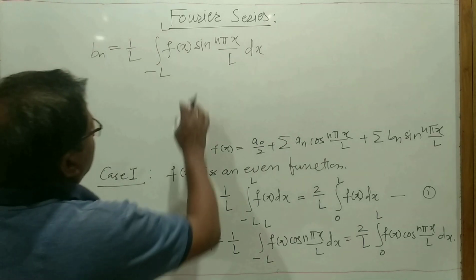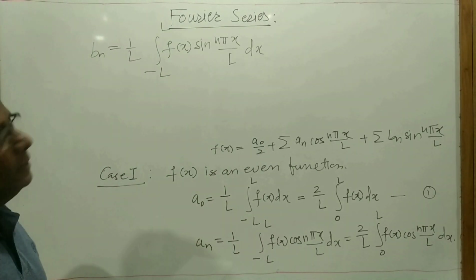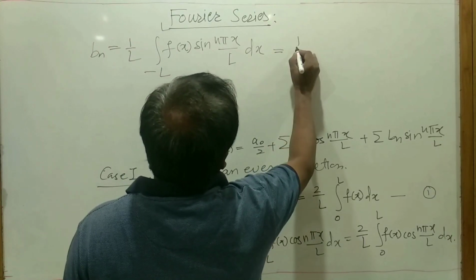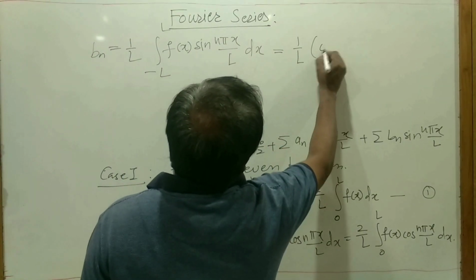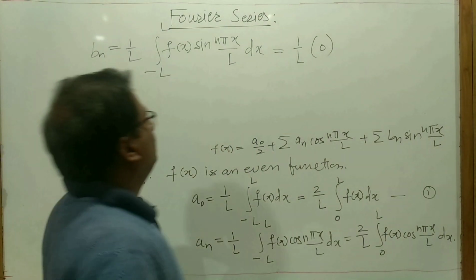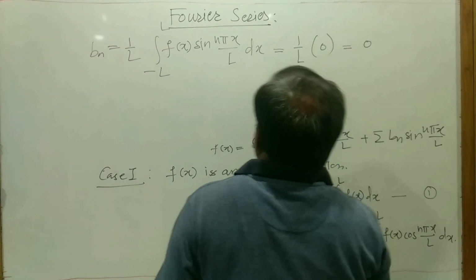Whenever we integrate an odd function within the limits minus L to L, the value of that integral comes to be 0. Therefore, since the integrand is an odd function, the integral from minus L to L f of x sin n pi x upon L dx will be 0. So Bn is 0.